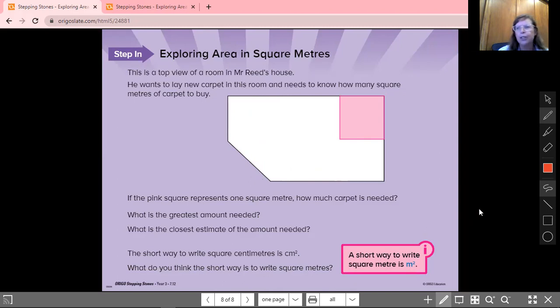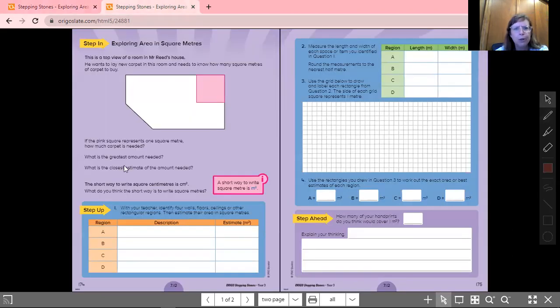Okay, now you're going to go and do pages 174 and 175 in your book, but just before you do, these books are designed for use in the classroom, and at the moment we're working at home. So it says, with your teacher, identify 4 walls, floors, ceilings, or other rectangular regions. Then estimate their area in square metres. So you write down here what the area is that you're measuring.